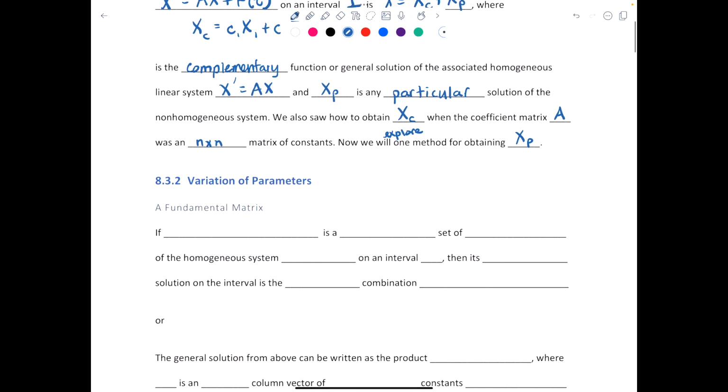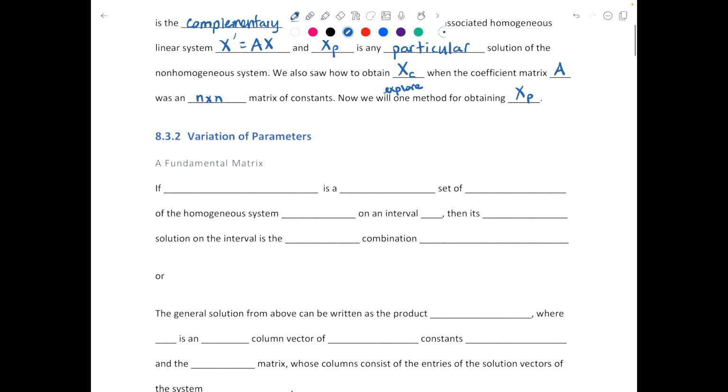Again, I made that decision based on the fact that this is the more powerful method. So first of all, in order to understand the variation of parameters, we're going to look at a fundamental matrix.